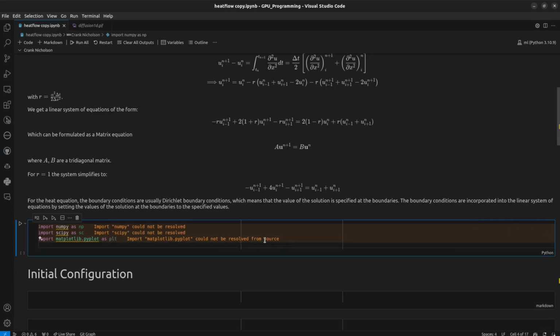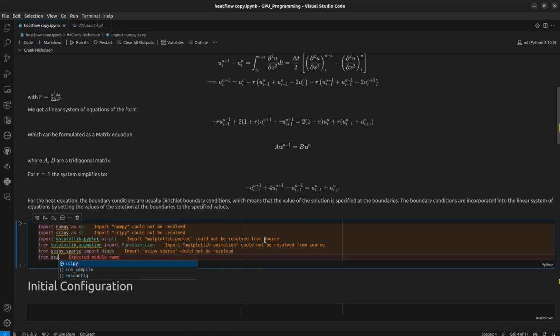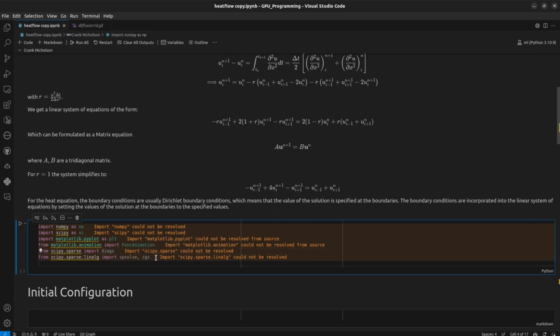Some libraries for plotting and making animations. Then of course we're going to have to solve a system of linear equations, so we're going to use some solvers for these.